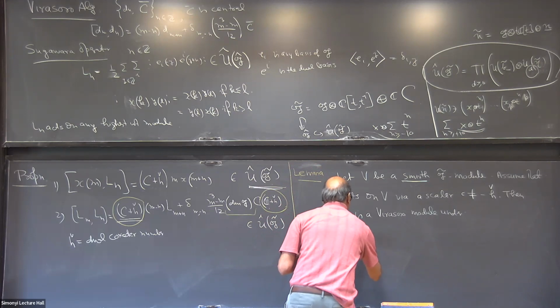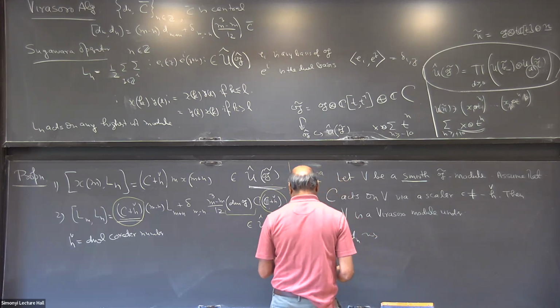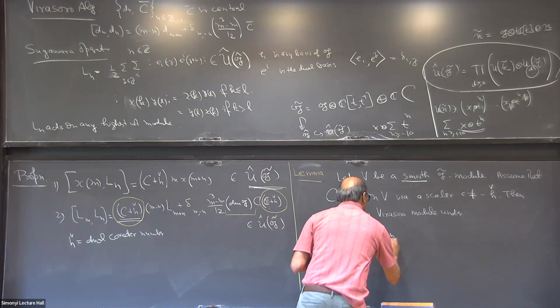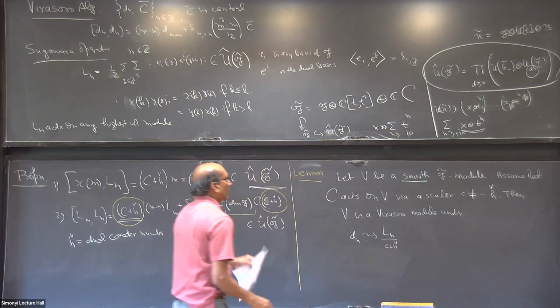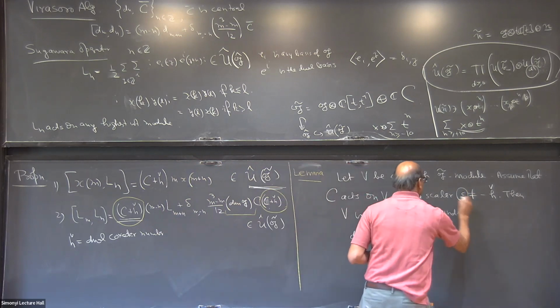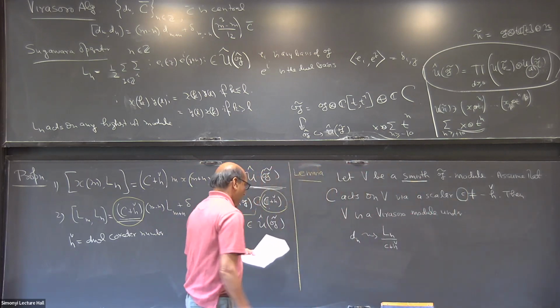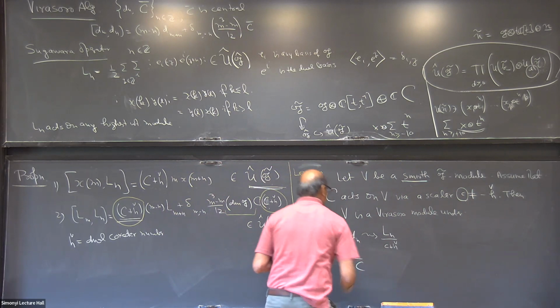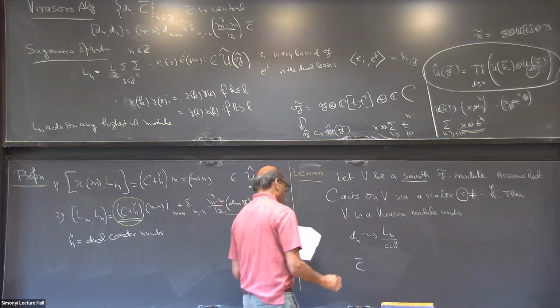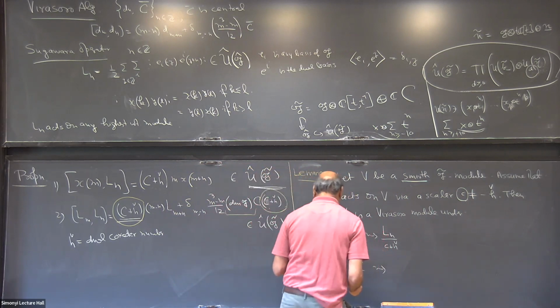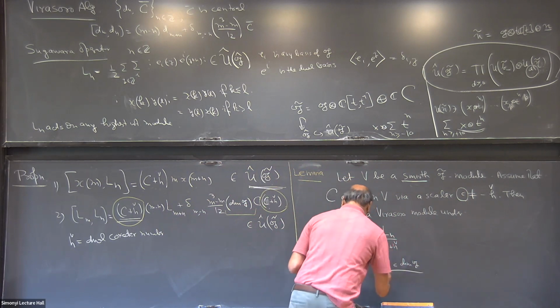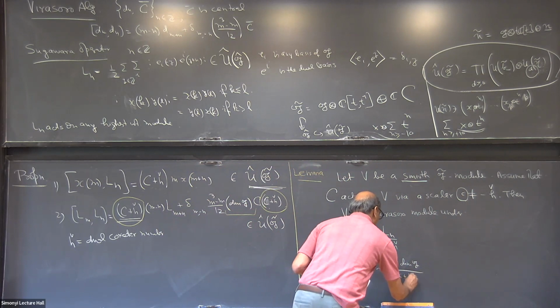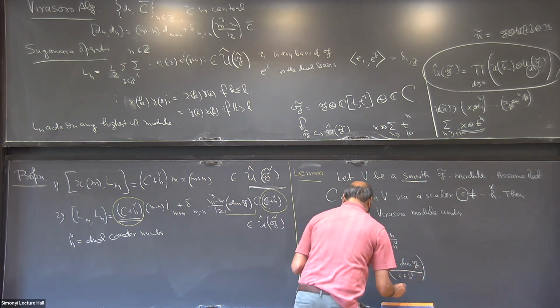So Dn corresponds to the action Ln divided by c plus h check. This is small c now, so this is this c. And c bar, which is the Virasoro central element, goes to c times dimension of G divided by c plus h check times identity.